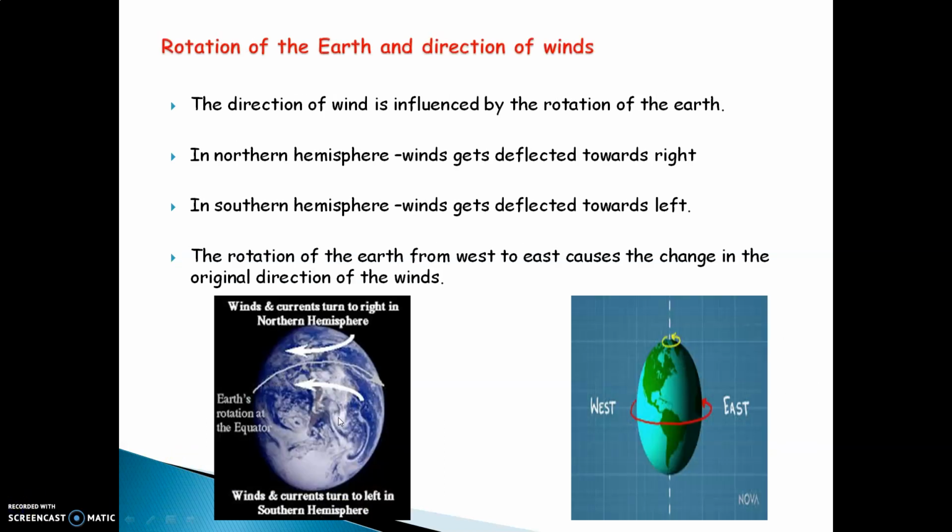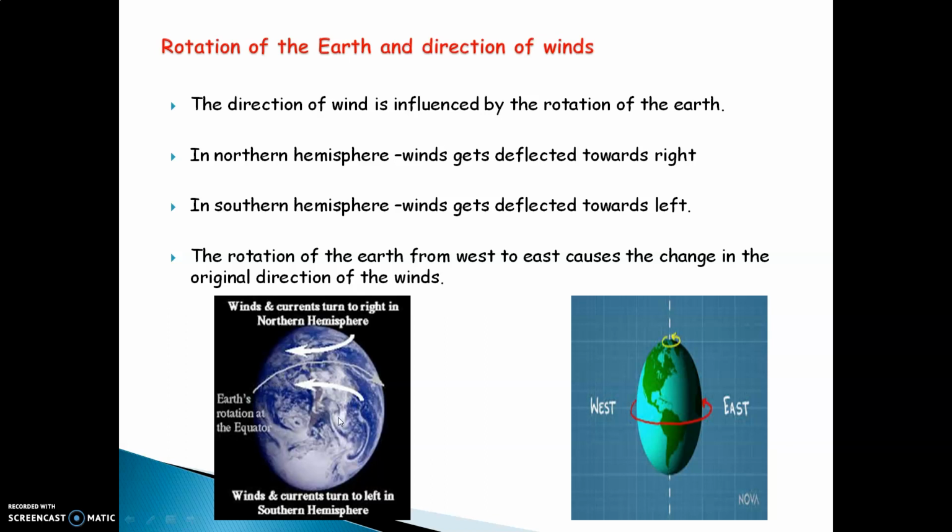The most important factor for the direction of winds is the rotation of the earth. The direction of wind is influenced by rotation of the earth. All of us know the earth rotates around itself and revolves around the sun. Because of the rotation, winds change their direction.